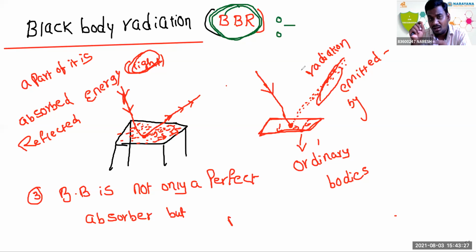Next, all the incident radiant energy is not absorbed by the body. Such types of bodies are ordinary bodies. That is the second point. And what is the third point? A black body is not only a perfect absorber but also a perfect emitter.